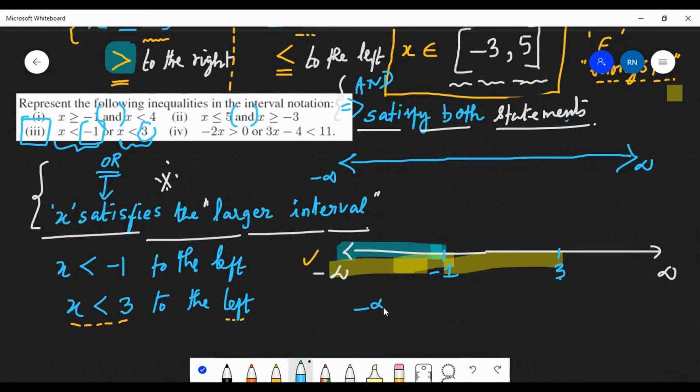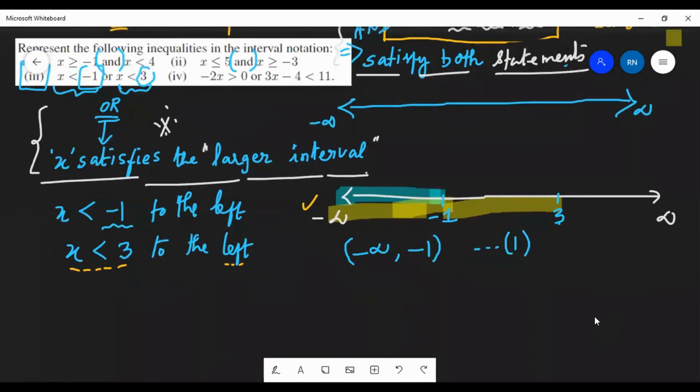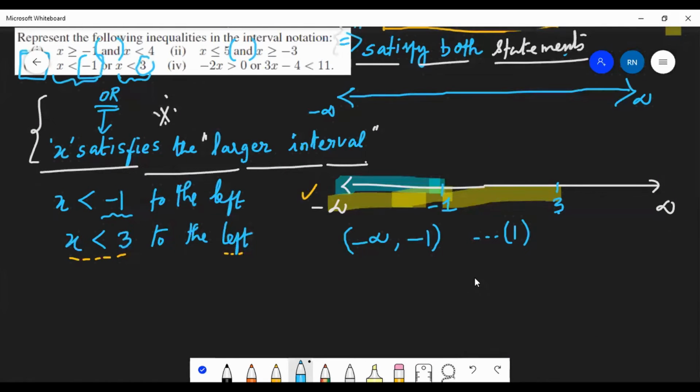The beginning is at minus infinity, and you are covering till minus 1. So this is one interval, both ends curved brackets because there is no equal to. This is the result of the first statement. What is the result of the second statement? You are starting from 3, but you are going towards the left. Minus infinity is the end.